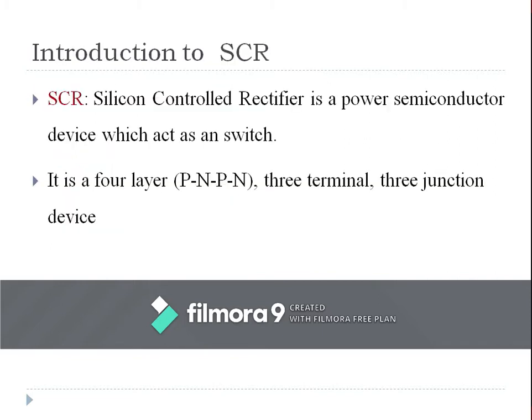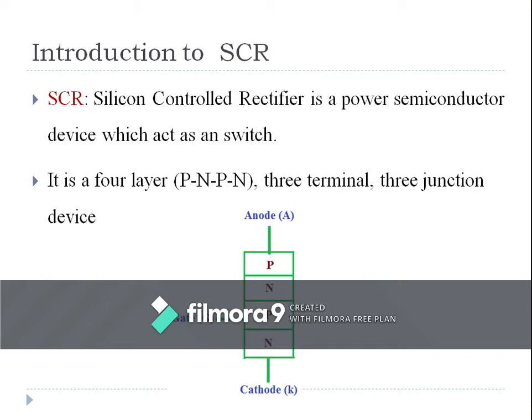Introduction to SCR. Silicon control rectifier we can define as a power semiconductor device which acts as a switch. It is a 4-layer PNPN device. As shown in the figure, there are 4 layers, PNPN.